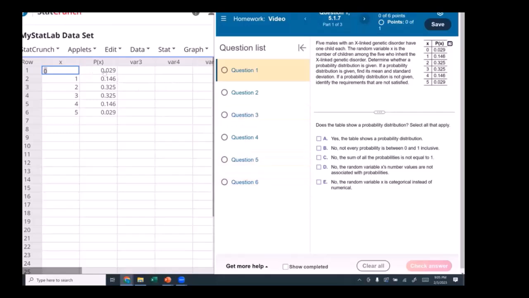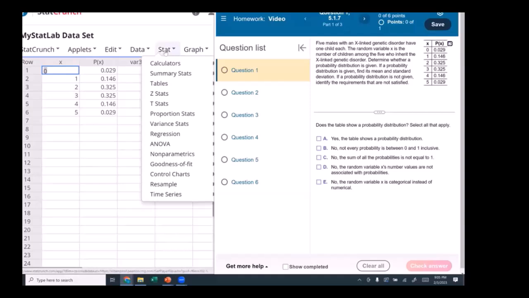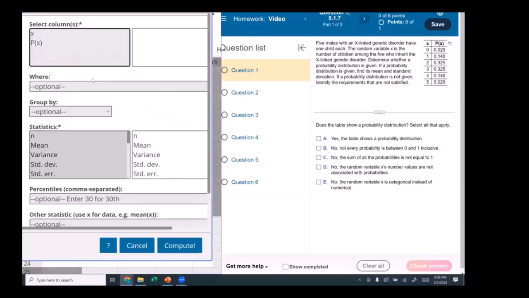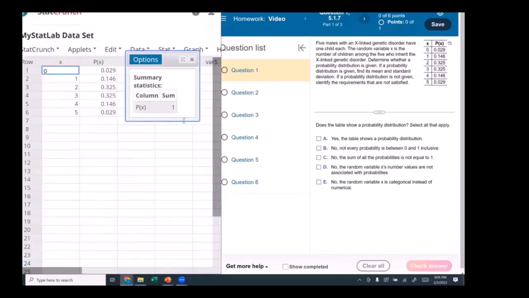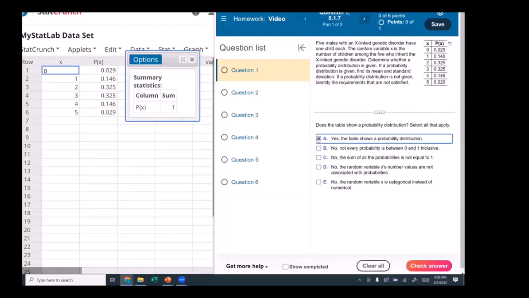Do all these P of X's add up to 1? I can go here to Stat, Summary Stats, Columns, and I want to know if all the probabilities, and we just go to Sum and hit Compute, and there it is. They do sum to 1. Yes, this table shows a probability distribution.